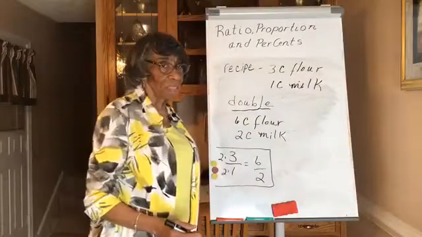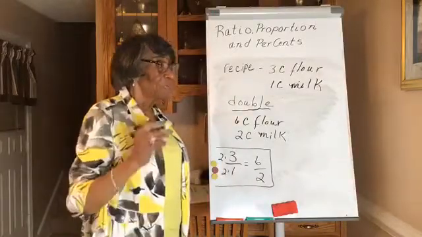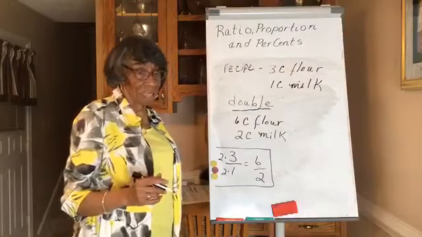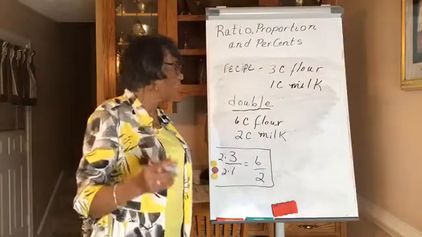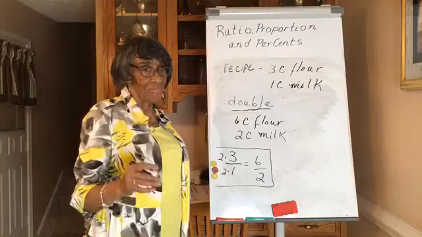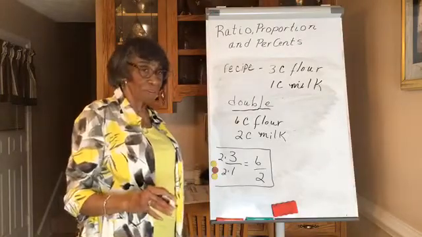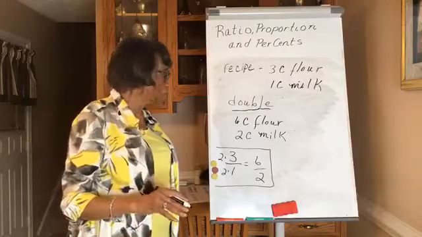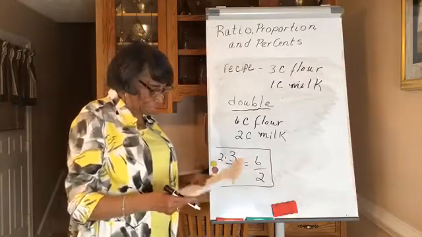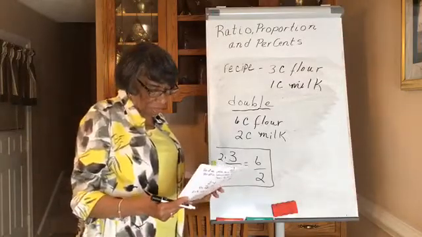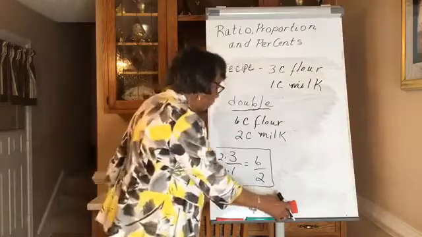Doubling and tripling is not as hard as when we necessarily have to reduce it. Sometimes we want half as much, and then that makes another type. We're dividing instead of multiplying if we want half as much. All right, so these are some of the applications that I have. One more I want to do.